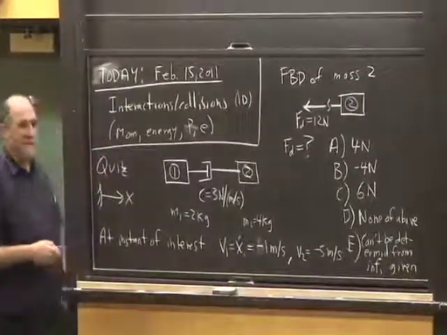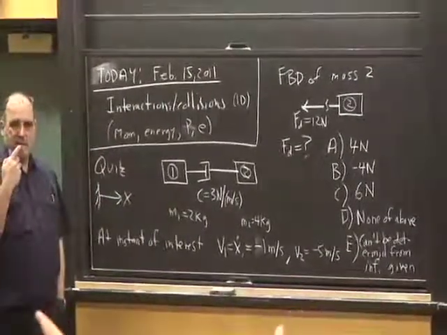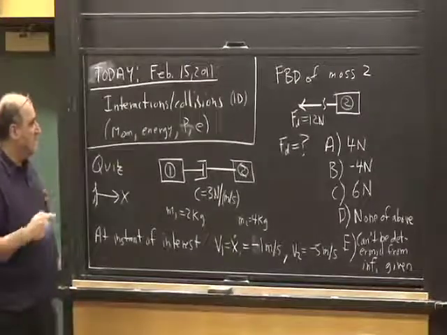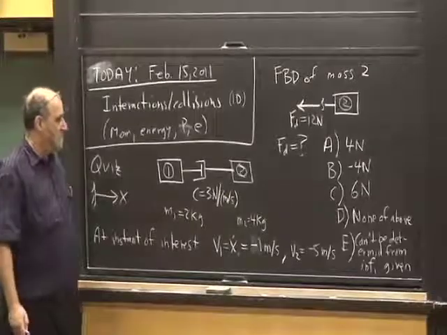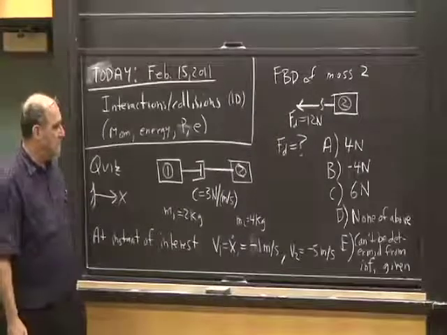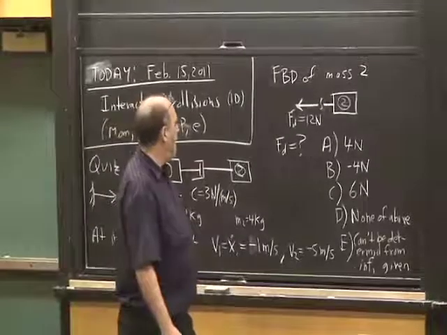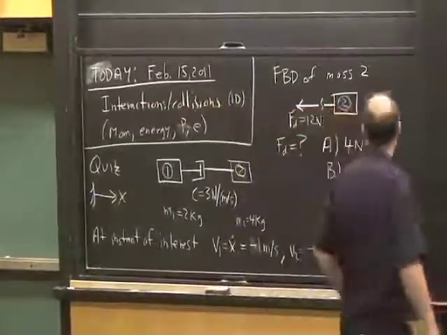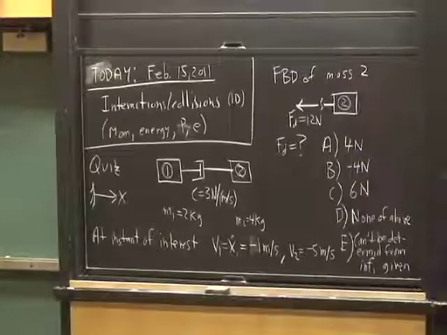Okay, any questions about the reasoning or about the answer? Yes? So the way you have to read it, just not to misunderstand anything, there should be 12 newtons pushing right. A force of 12 newtons to the left. What did I get here for my answer?